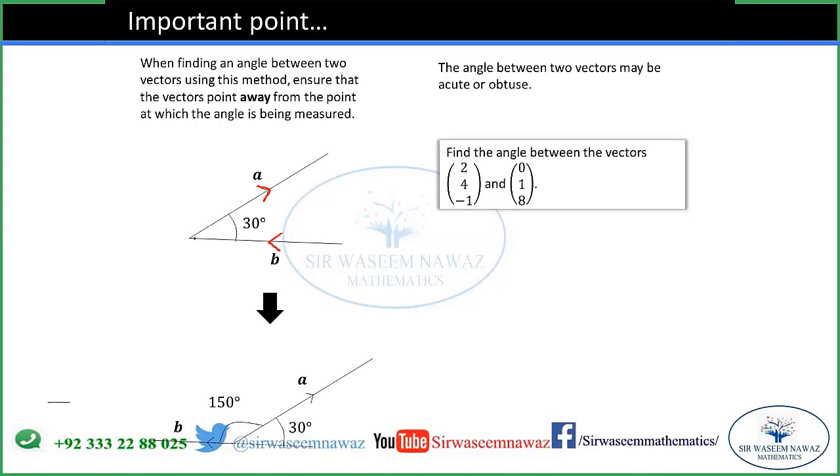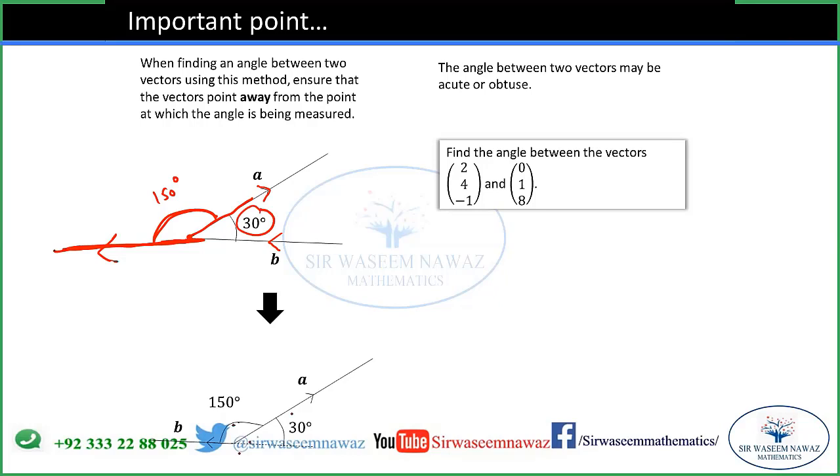They are not both away from their point. One is away from the point, the other is towards the point. So if you find the dot product of A and B, you will not get the correct answer. Actually, both should be away. So if I extend this vector like this, now they both are away from the point. Now you will get this angle, and that will be your obtuse angle, and that is your acute angle.